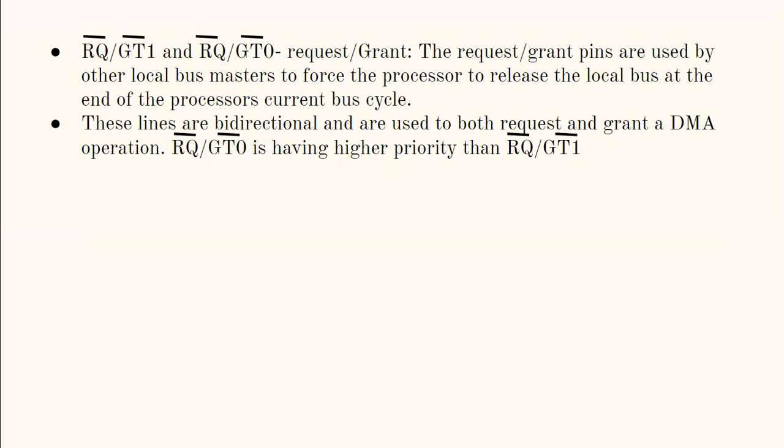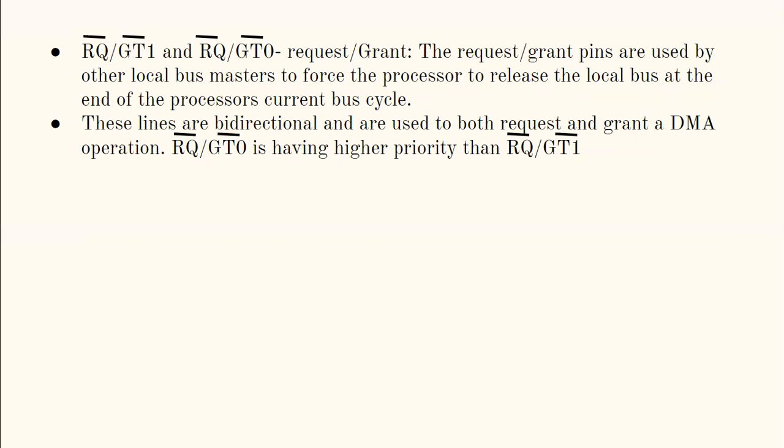So if the other local bus master wants to force the processor to release the local bus, it will give the input on the request pin, and if that request is accepted, the acknowledgement is given back on the same pin, and it is called the grant signal.